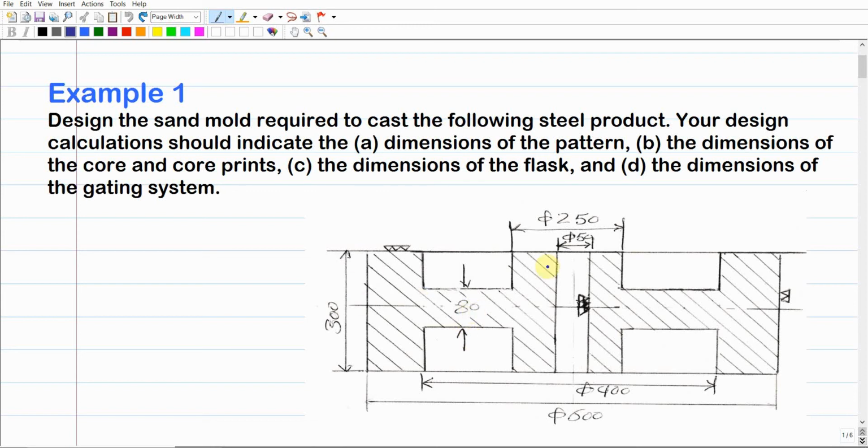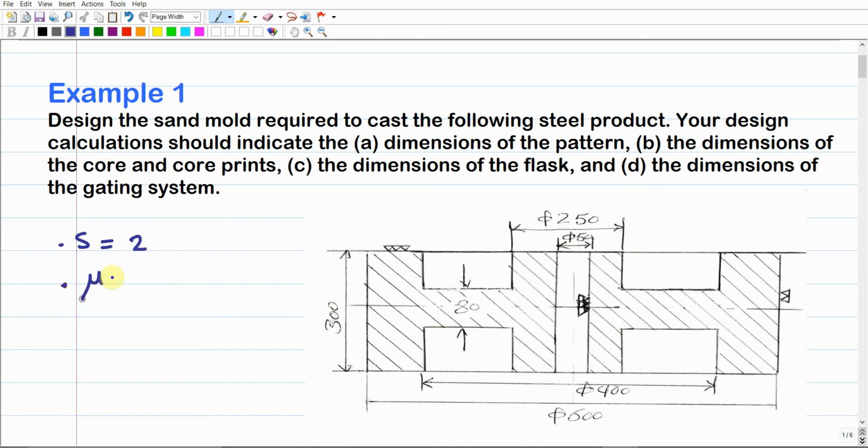In addition to these dimensions, we said that the main given information that will be provided to us is the detailed dimensions of the final product. So this is the final shape of the product with all of these given dimensions. In addition, some data will be provided. For example, S, which was the constant that we were using for the pouring time calculation, let us assume is given as 2.